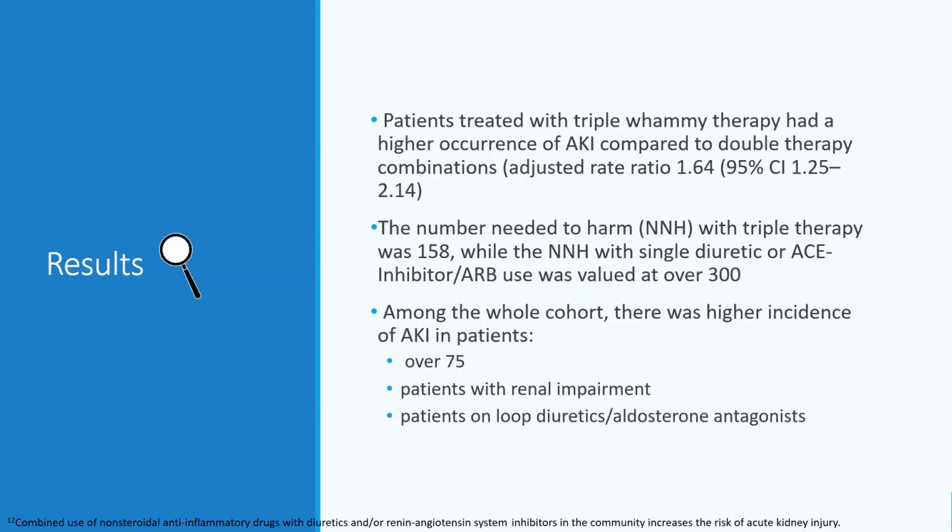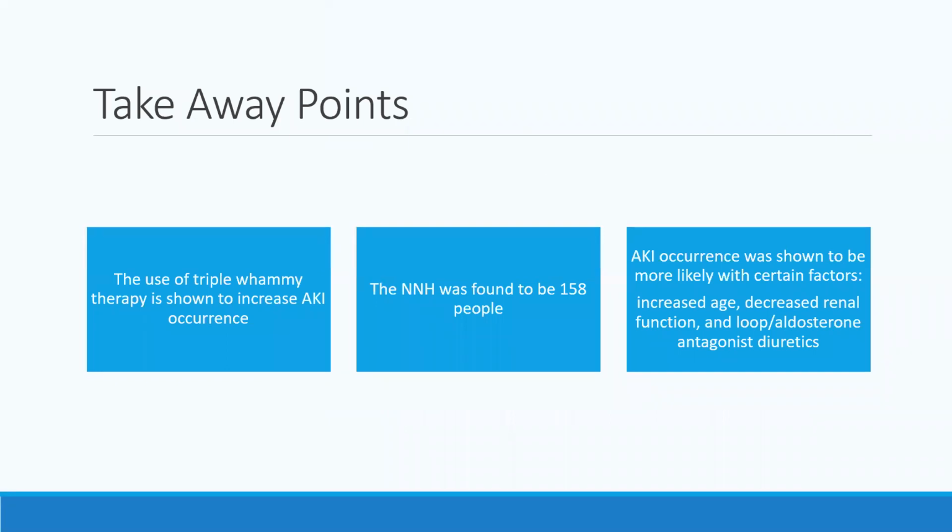Among the whole cohort, there was a higher incidence of AKI in patients who were over 75, patients with renal impairment, or patients who were specifically on loop diuretics or aldosterone antagonists. The takeaway points from this study are that the use of triple whammy therapy is shown to increase AKI occurrence. The number needed to harm was found to be 158 people, and AKI was more likely with certain factors like increased age, decreased renal function, and the type of diuretic used.